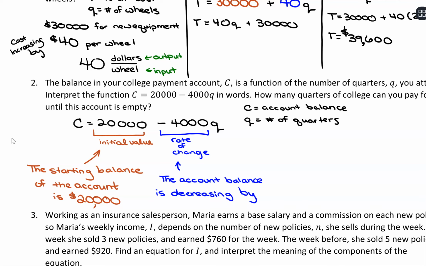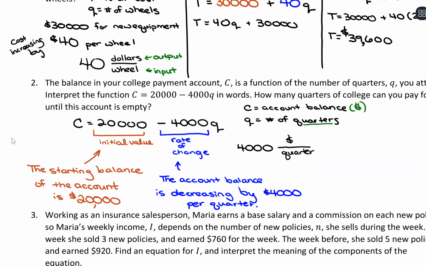If we want to think about the units for this 4,000, we could set up that fraction, and we want to take the units for the output, which in this case is C, so that's dollars, divided by the units for the input, which was the number of quarters. So this is going to be like dollars per quarter. So what this is telling me is that the account balance is decreasing by $4,000 per quarter.